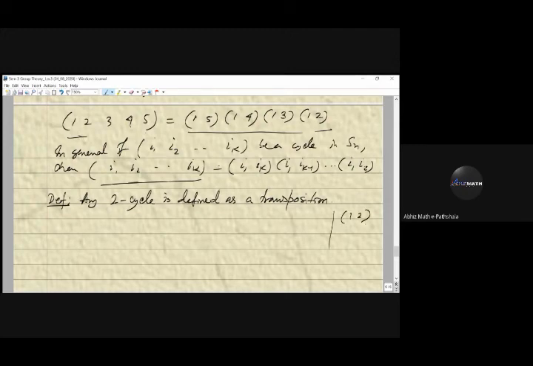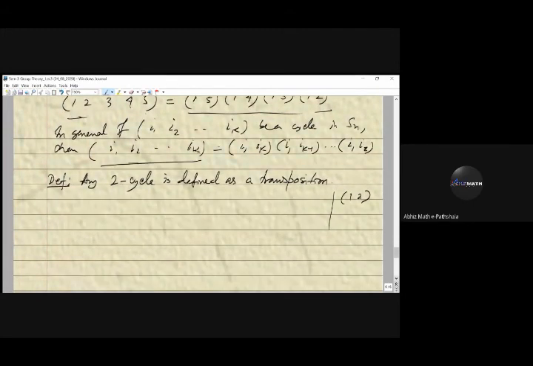What does it do? It takes 1 to 2 and 2 to 1. So that is why it is called transposition, just changing the position. 1 goes to 2 and 2 goes to 1. You just take a flip.